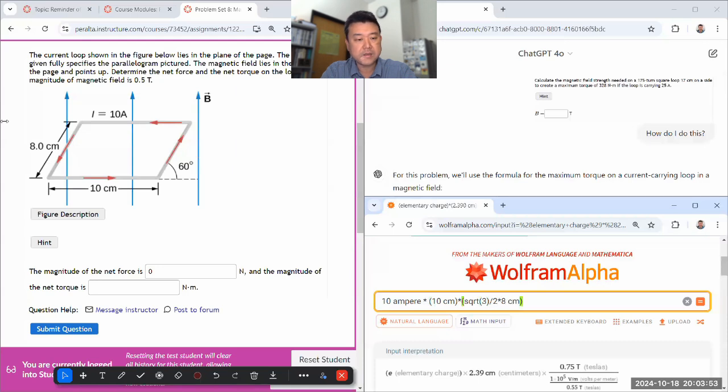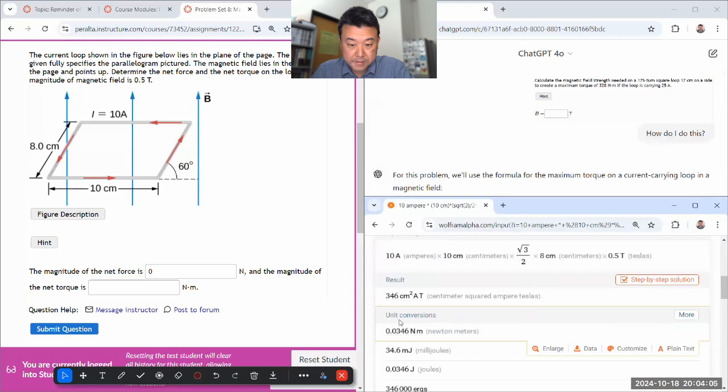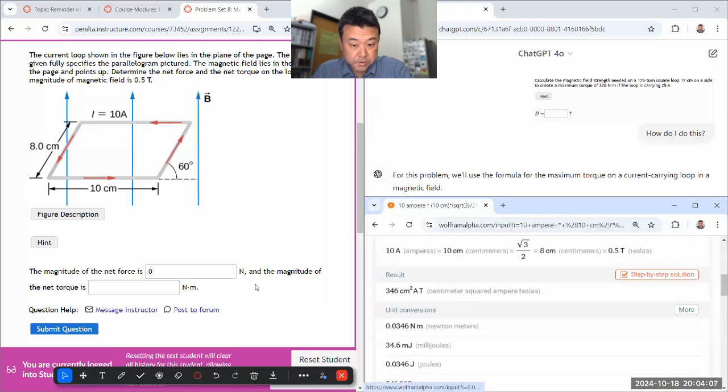That's the area, base times height for the parallelogram, and times the magnetic field, 0.5 Tesla. That should give me something in the unit of torque, Newton meter. Yeah, is that right? Maybe. Seems a little small.